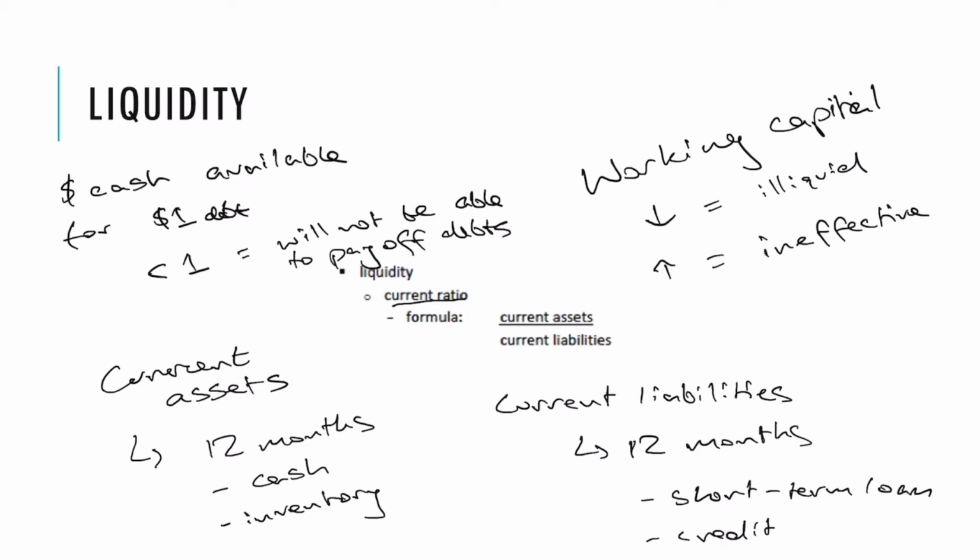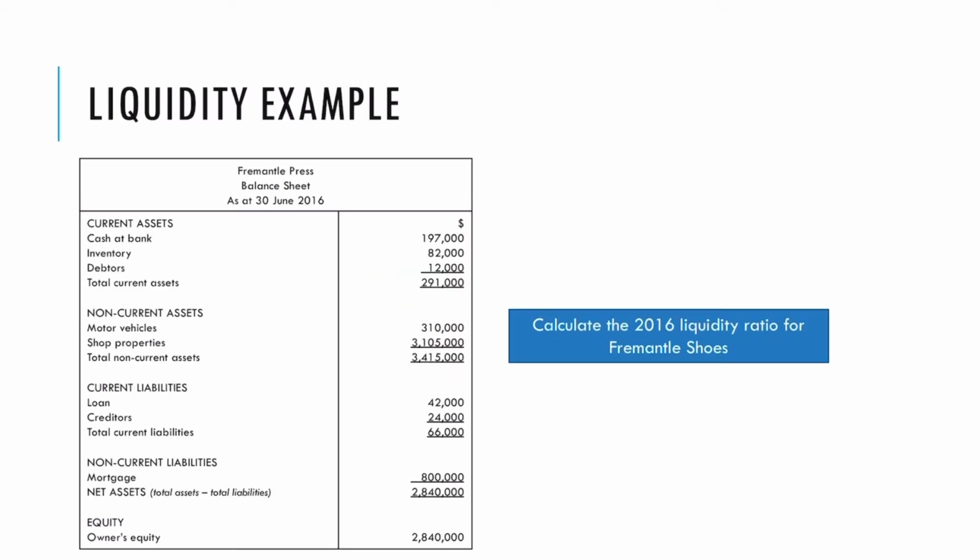So we're going to take a look at an example of where we can use a liquidity ratio. We're going to calculate this liquidity ratio for the company Fremantle Shoes in the year 2016. We need to remember what our ratio is: current assets over current liabilities.